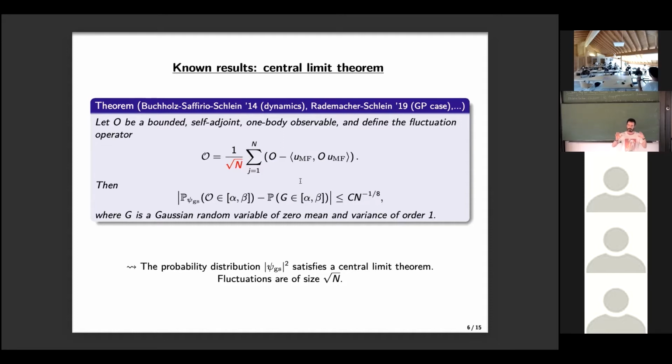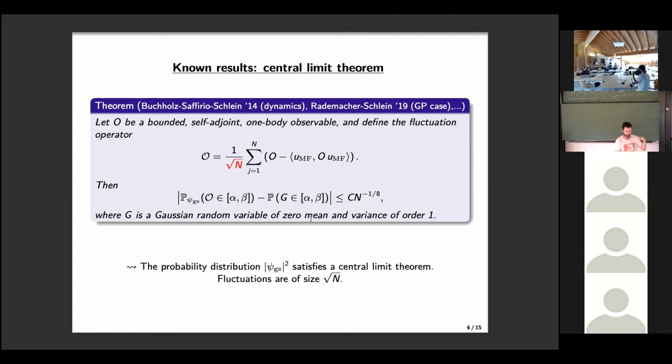This is the fluctuation operator, the calligraphic operator, which describes fluctuations with respect to O. In expectation on the ground state, it behaves very much like a Gaussian random variable. The expectations of this operator are very close to expectations of a Gaussian random variable with center 0 and variance of order 1.